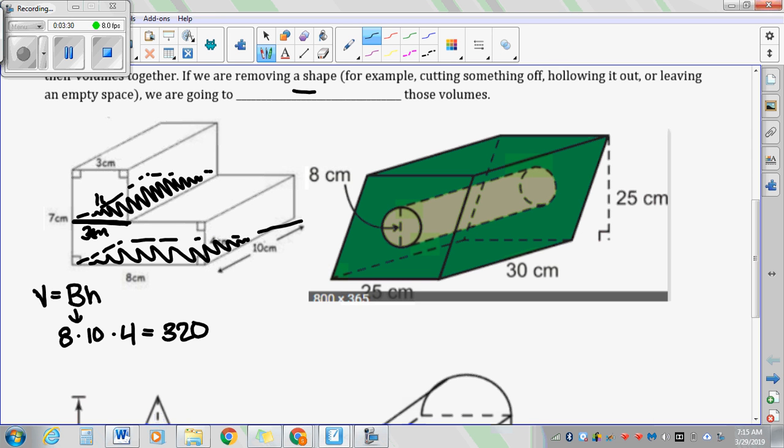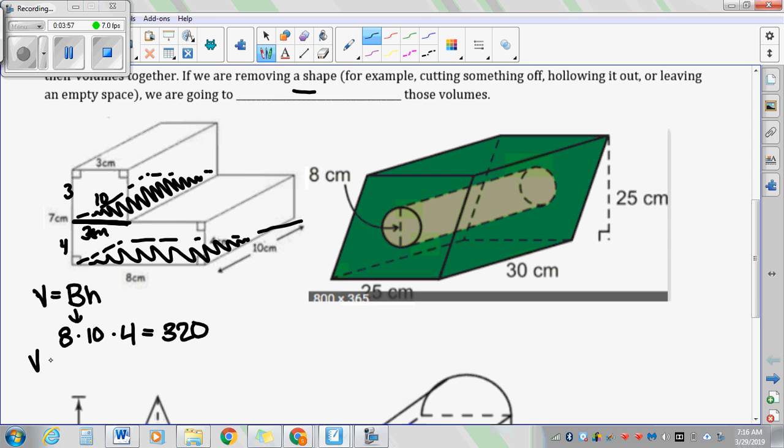So this must be 10. When I'm looking at the height, I notice that the whole thing is 7, but I'm not interested in the whole thing. I'm only interested in this part. So I need to figure out how tall this is. I'm going to look for other things that are the same height. It's the same height as this 4. So if this piece is 4 and the whole thing is 7, this must be 3.